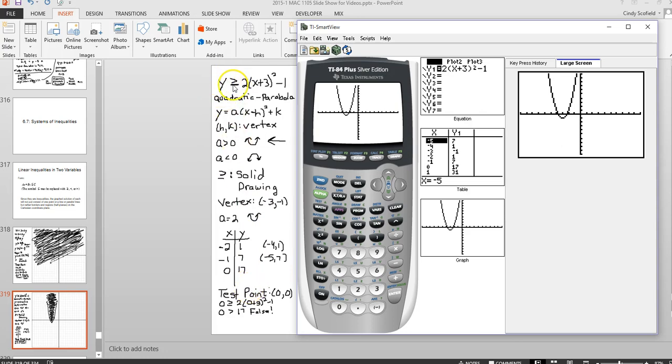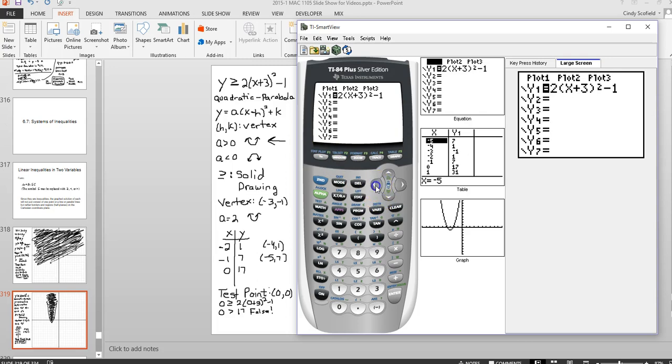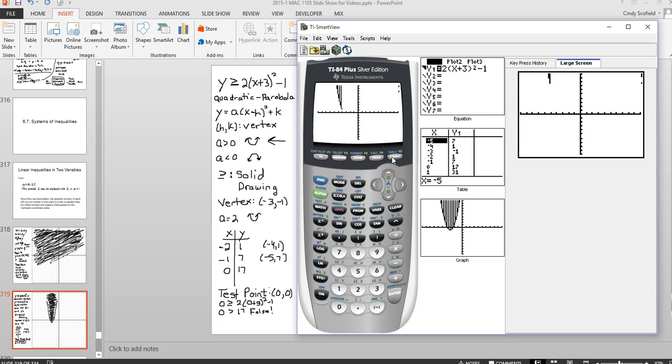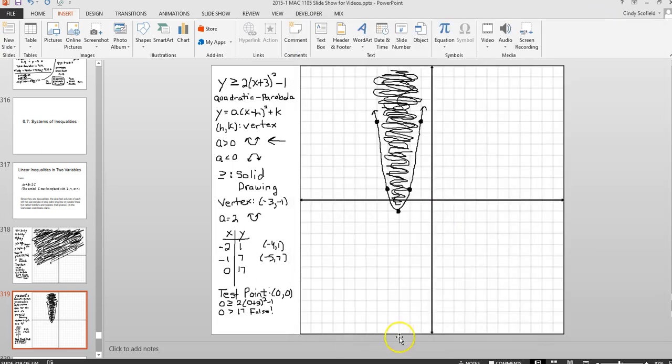Y greater than means you shade up above the border. So if this is your border, going up from it is in here. So back to this, go over, enter, enter, shading up, graph, voila. There it is with the shading. Okay, so I wanted to show you that.